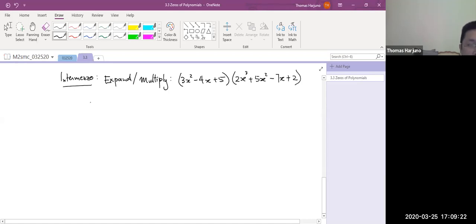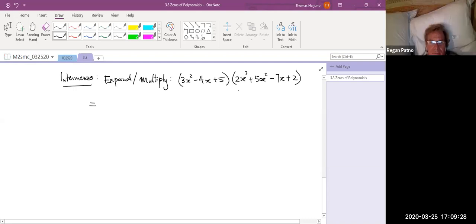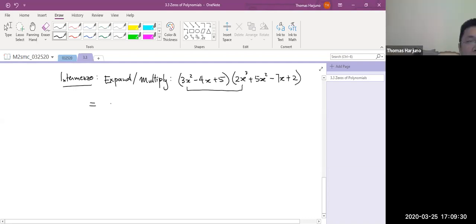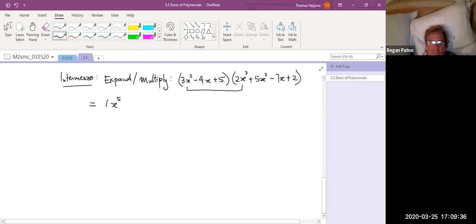My challenge to you is how to do it fast. What is the highest exponent? 5. So it must be something x to the 5th. What is the coefficient? 6, because there's only one pair that gives us x to the 5th.